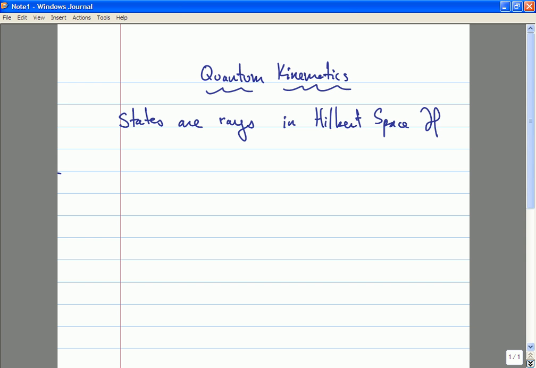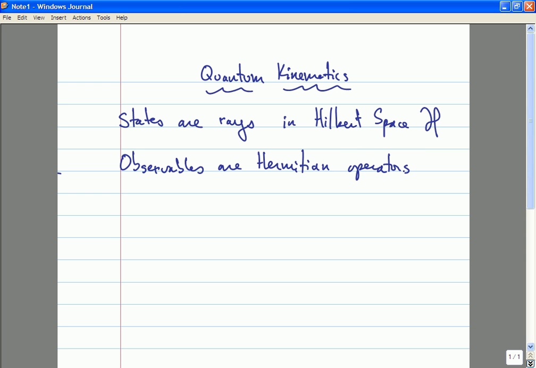We can consider operators acting on this Hilbert space, and observables are Hermitian operators which act on this Hilbert space.